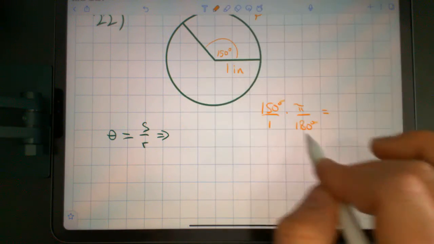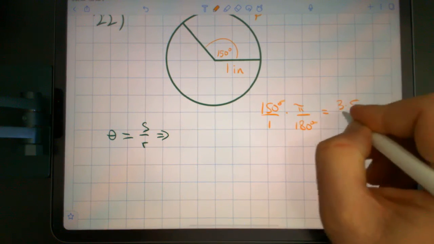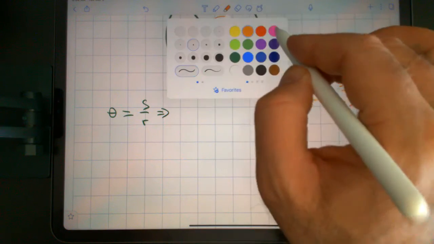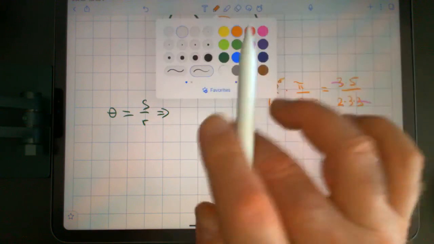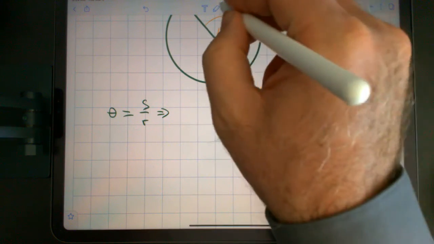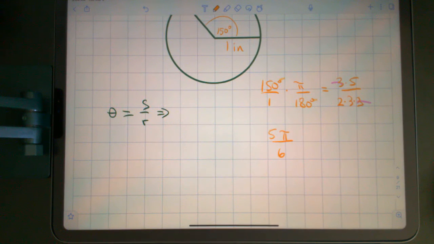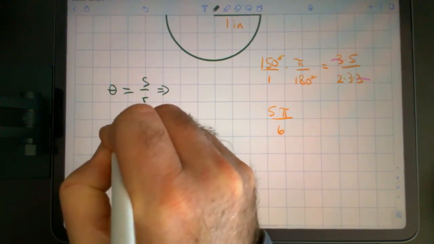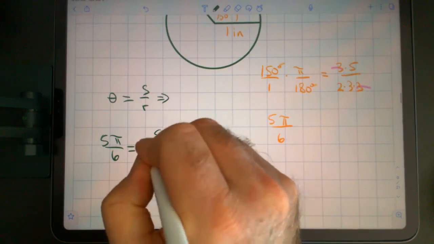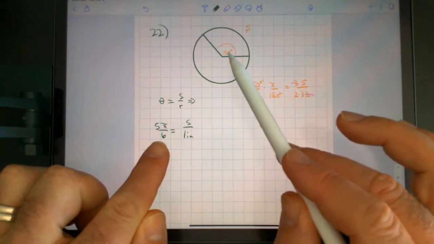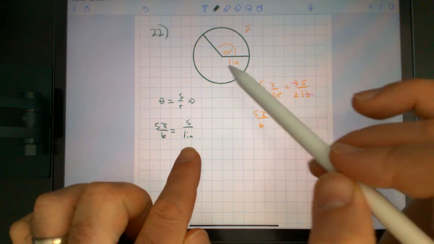We have 15 over 18. That's our radian measure, equal to the side length we don't know, divided by the radius. This radius is 1 inch.